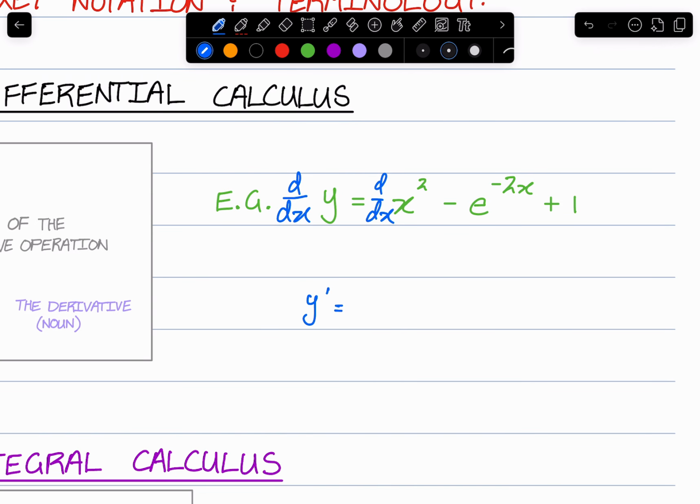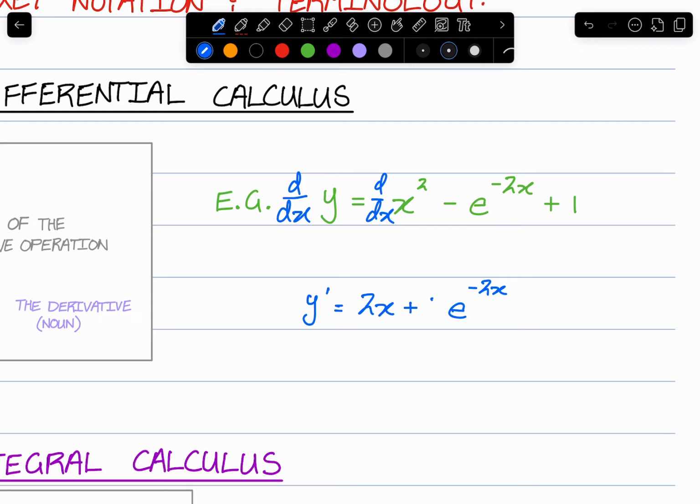Each of these have their own rules, so this will give us 2x using the power rule. This one would give us the derivative of e to the x is itself times the derivative of its power.